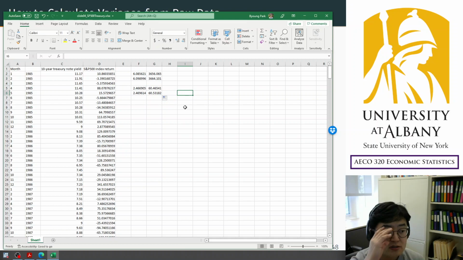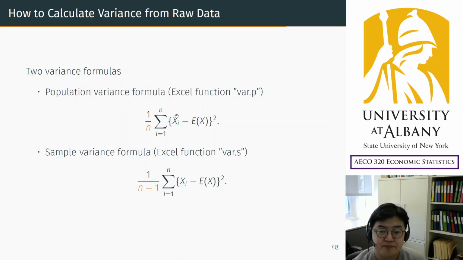So the standard deviation of the S&P 500 is 30 times larger than that of the 10-year Treasury note yield. That makes sense because both are in the same unit, percentage. So this is how we calculate the variance from data, and how we interpret them.